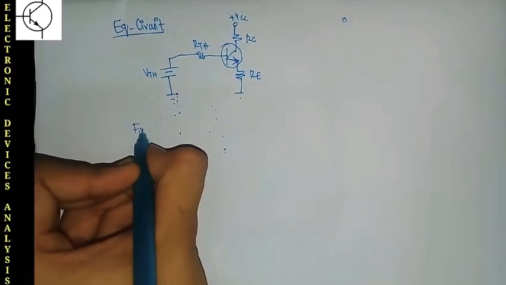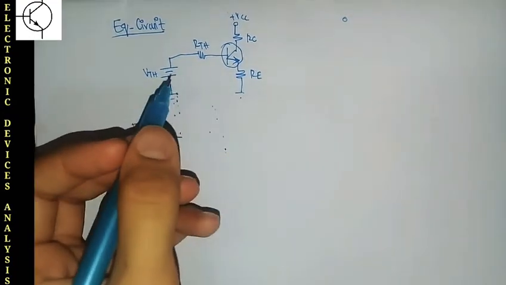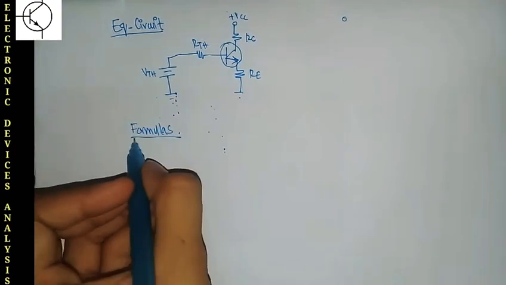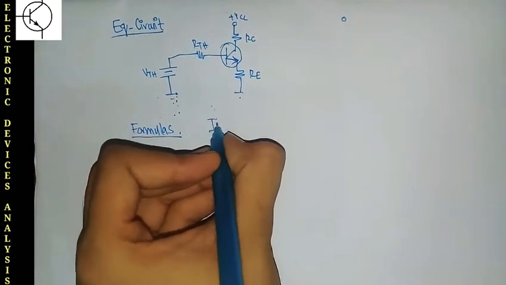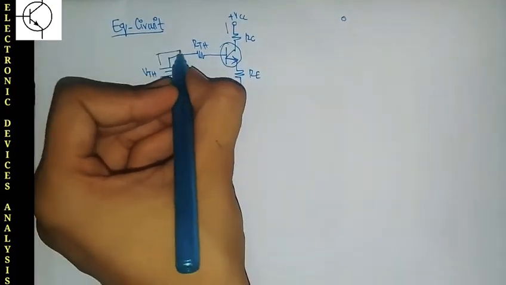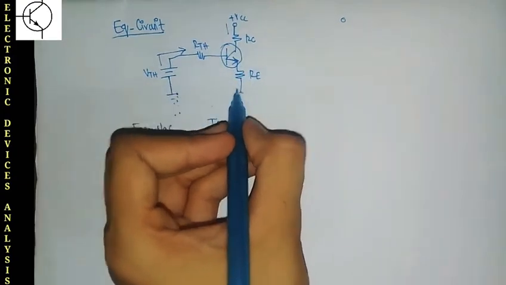Now we will find formulas from this network. This will be the equivalent circuit of that circuit where we will find V Thevenin and R Thevenin. First of all we will find IB. To find IB we will take the input loop of that circuit. The input loop will be taken from this branch to this branch.